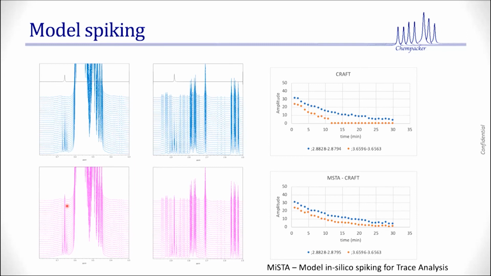So in general, this is a general principle, meaning that as long as you have a model in your hand, you can in silico spike your FID at any ratio you want, any number of ratios you want, and do this analysis and generate the amplitude that you are interested in. If that happens to be a product, I will take the last trace, because product will be maximum in the last trace.